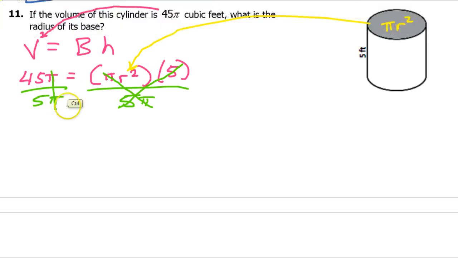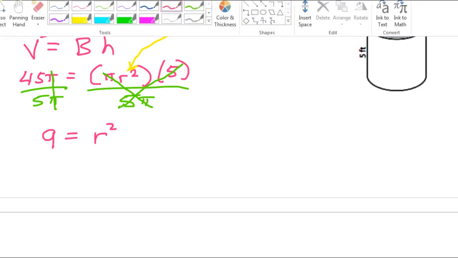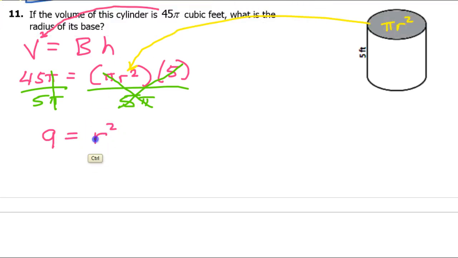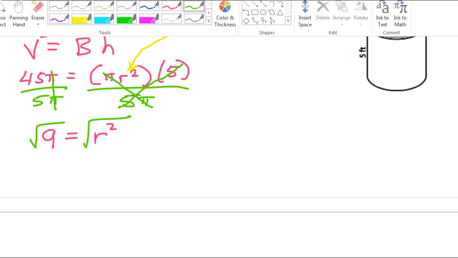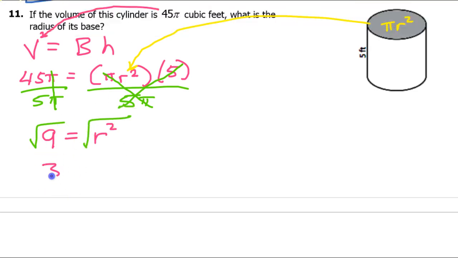So that's going to leave me with 9 is equal to r squared. To unsquare this r and get rid of the 2, I need to take the square root of both sides. So that's going to leave me with a radius of 3. Let's not forget the units: 3 feet.